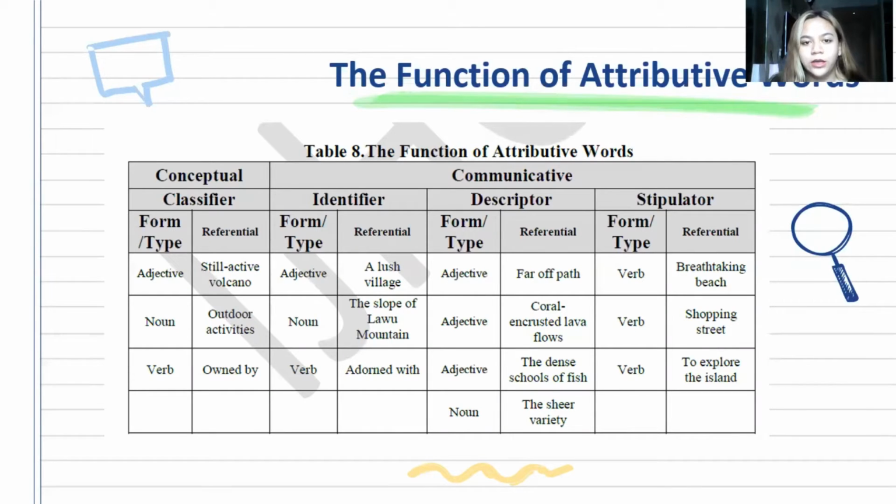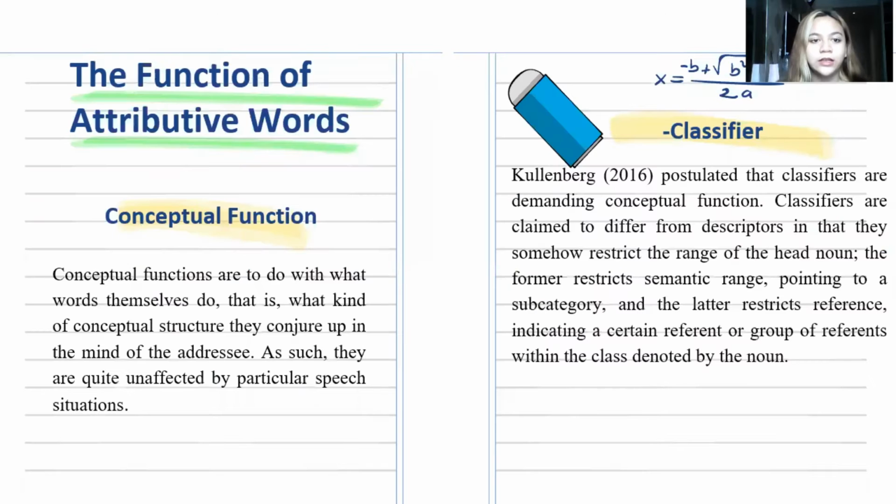So here is the table of the functions of attributive words. The first is the conceptual function, which has to do with what words themselves do. That is, what kind of conceptual structure they conjure up in the mind of the addressee. As such, they are quite unaffected by a particular speech situation.